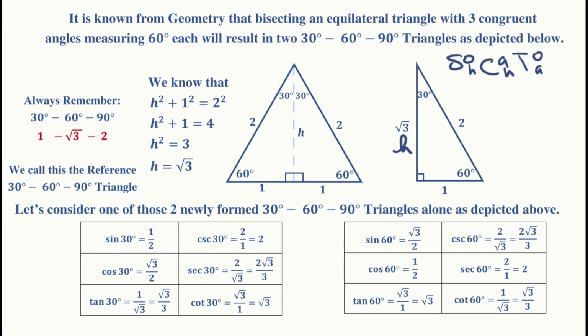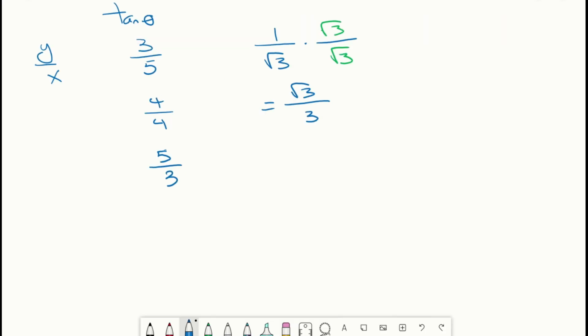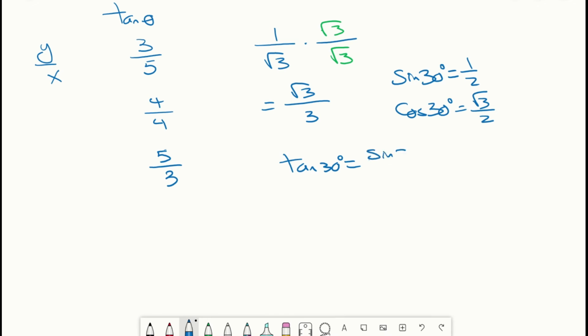Sine of 30 degrees is 1/2, and cosine of 30 degrees is square root of 3 over 2. Even without a graph, I can find the tangent of 30 just from those two facts, because I know the tangent is going to be the sine of 30 over the cosine of 30.